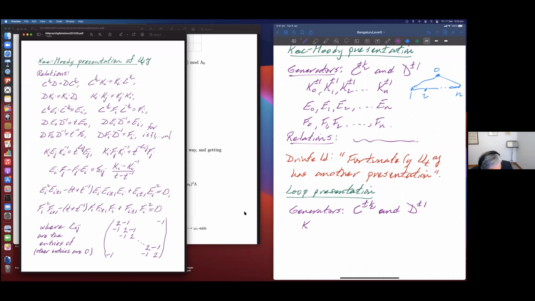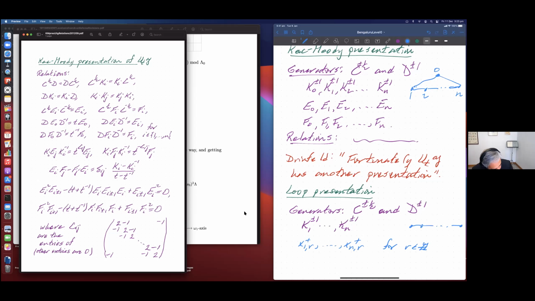Now I'm going to throw away K0. So I'm going to start only with K1 up to Kn. So this is really trying to take just this finite Dynkin diagram. But now I'm going to add some more generators, x_{1,r}^+ up to x_{n,r}^+ for r in Z.